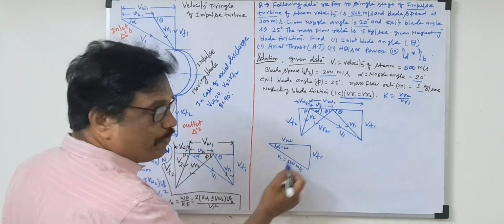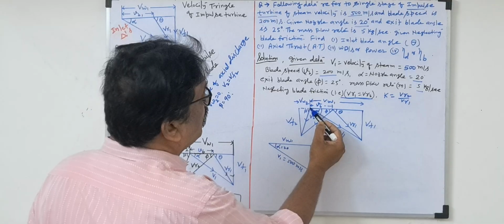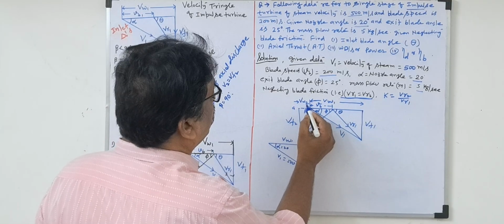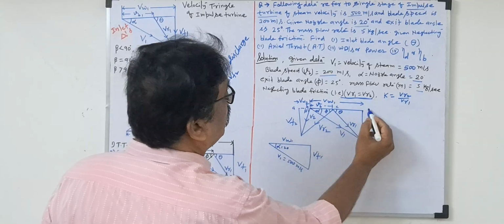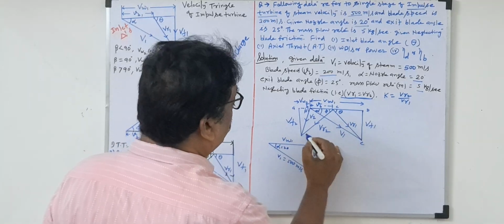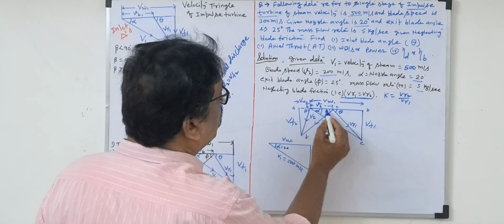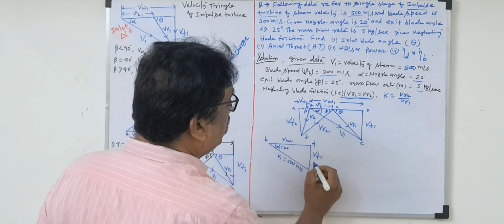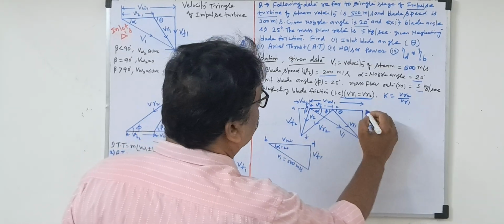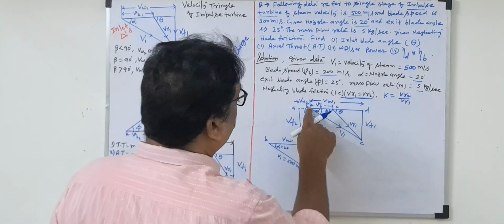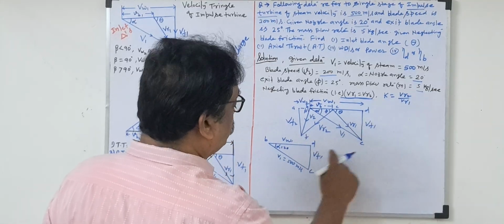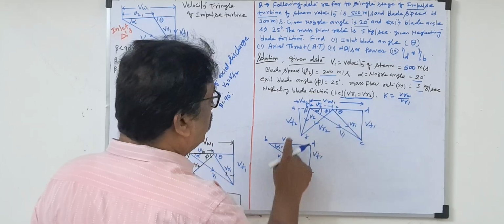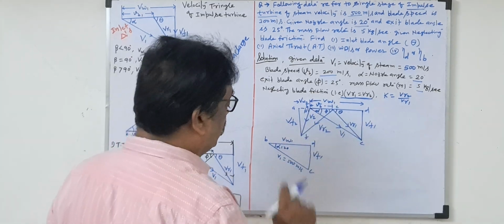Suppose we give the names A, B, C, D, E, F. So what is this? Alpha is angle BDC. DC is VF, BD is VW1, BC is V1.